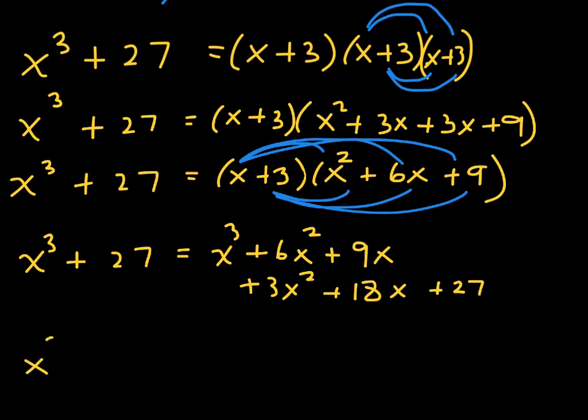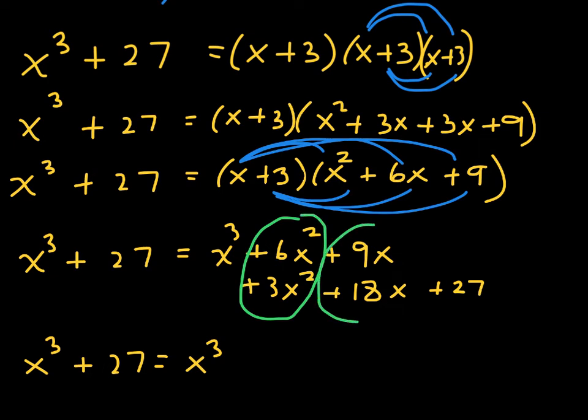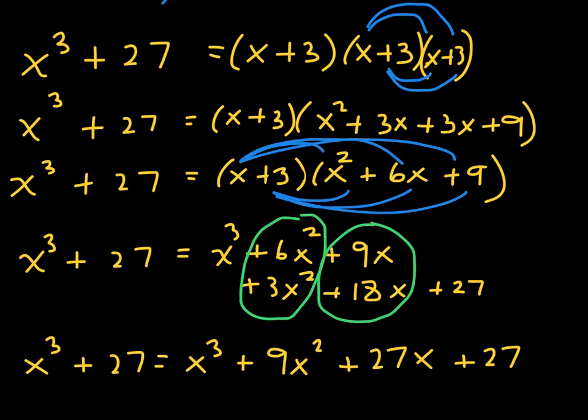So then I end up with x cubed plus 27 is equal to x cubed. Now I stacked my like terms. So I'm combining those two, and I'm combining those two, okay? So I end up getting plus 9x squared plus 27x, and then plus 27.